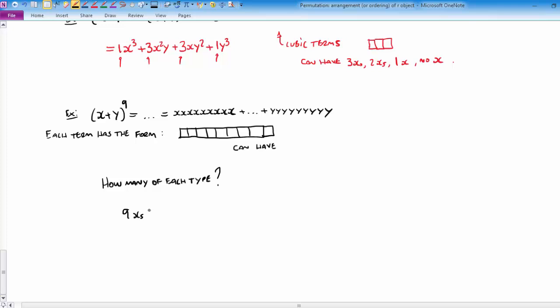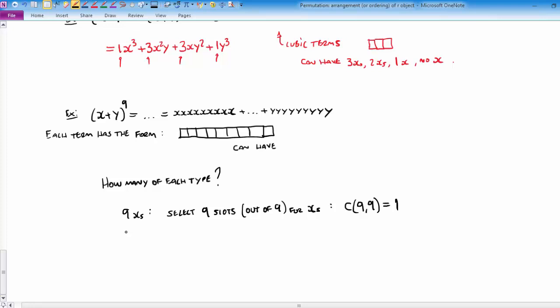In that case, we select 9 slots out of the 9 for the x's. Now this is a combination. We're selecting some of the slots for the x's, and this gives us a total of C(9,9). That's 1. If you compute that number, that will give 1.